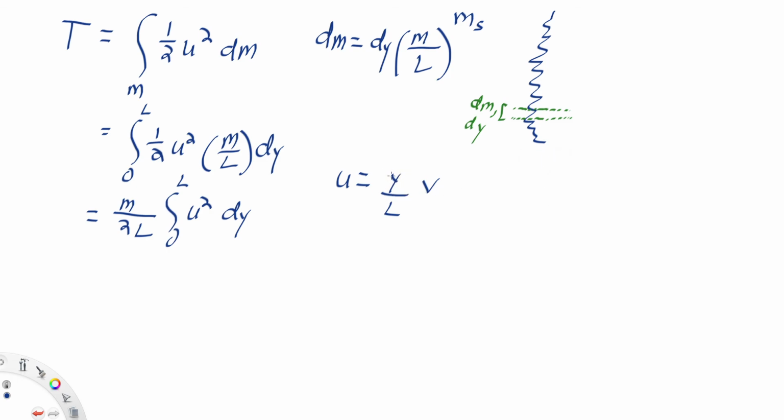If you are all the way down the length of the spring, notice that y just equals L, and the velocity of this little bitty mass unit is just the velocity of the tip of the spring. So the velocity of each individual slice of mass is just a fraction of the speed that the tip of the spring is undergoing.